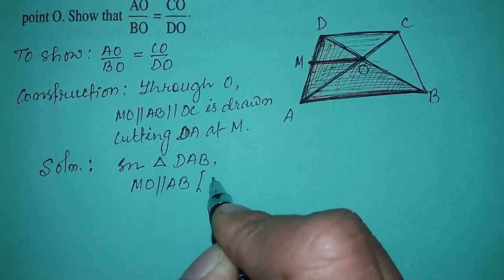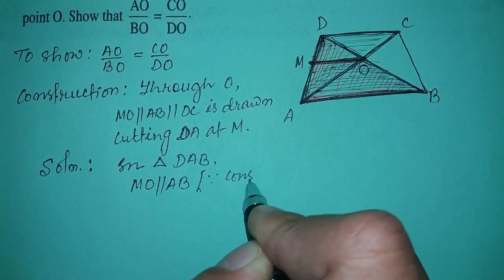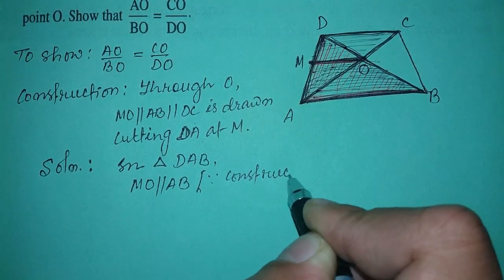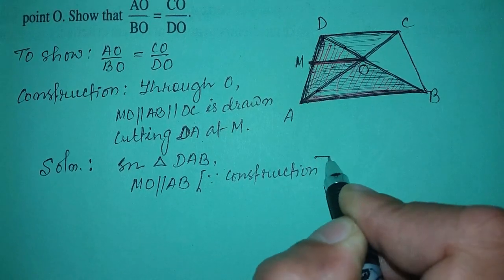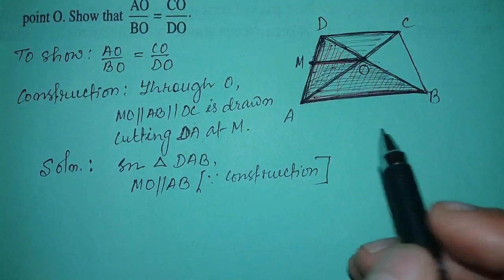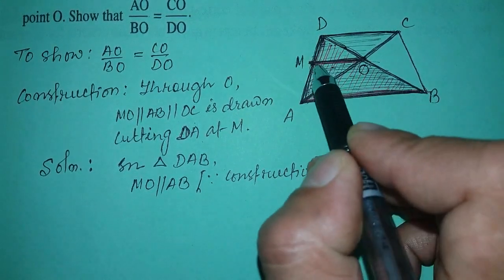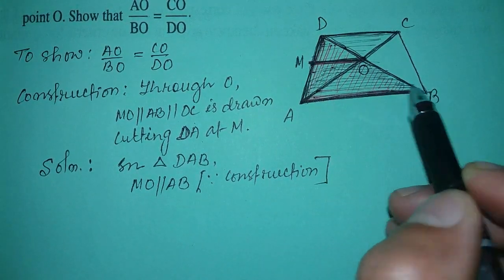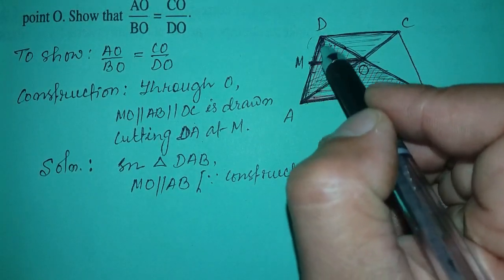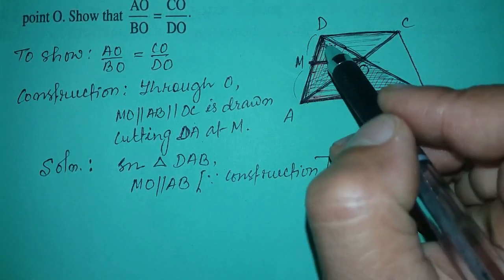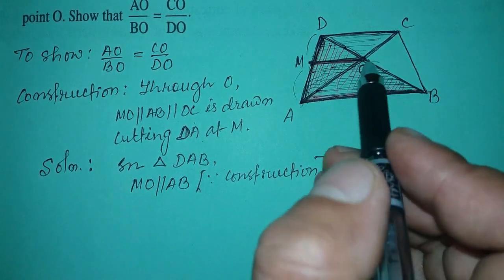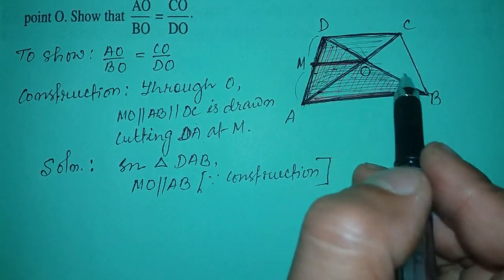This is by construction. Now since these two lines are parallel, we can say that DM by MA is equal to DO by OB.